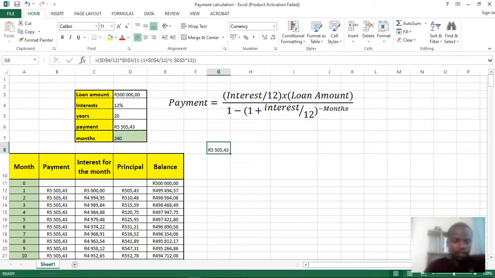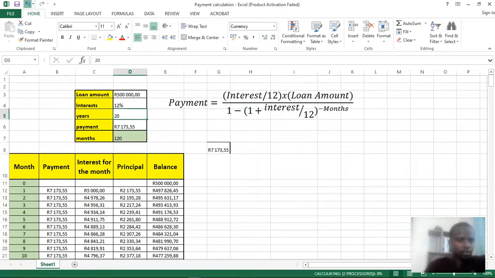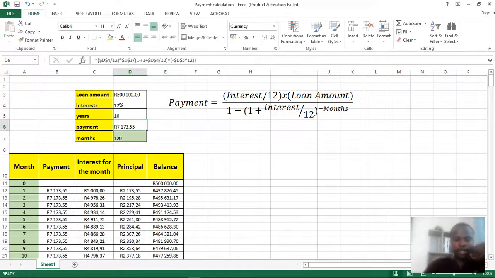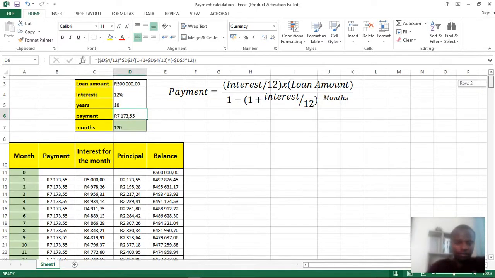And then say, if you want to take your loan amount for 10 years, okay, let me just do this, all right? So if you want to take your loan amount to 10 years, let's just add 10 years, right? So that means you have to add on top of the amount of money that you're paying 1.5 thousand rand.